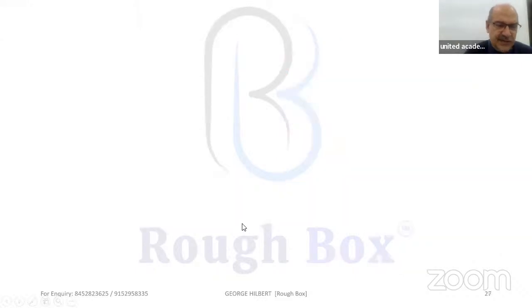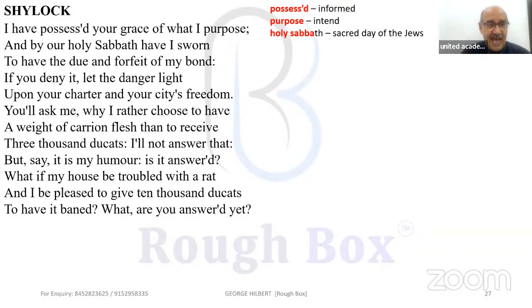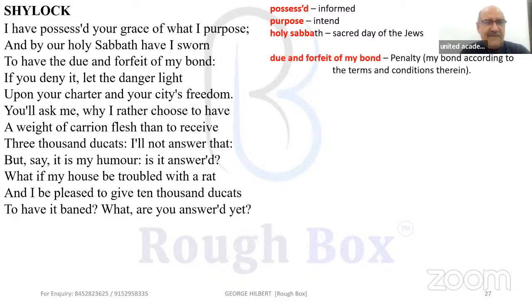And in his answer to the Duke, he tells him, I have possessed your grace of what I purpose. I have already informed you, O Duke, of my intention. And by the holy Sabbath, by the sacred day of the Jews, have I sworn to have the due and forfeit of my bond.